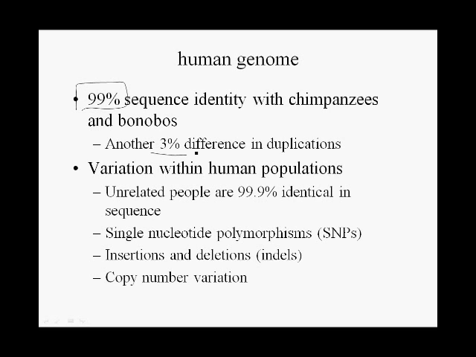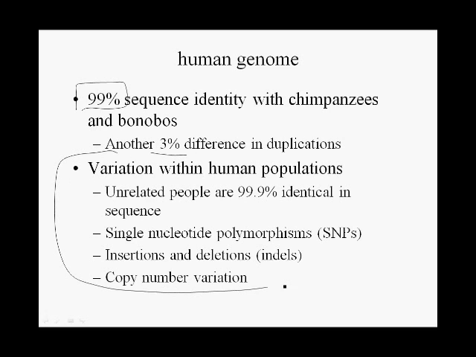If we include duplications, then we can add another 3% difference. This means that 3% of DNA has been duplicated in chimpanzees but not in humans, or duplicated in humans but not in chimpanzees. But overall, the sequence identity between chimpanzees and humans, or bonobos and humans, is 99%.